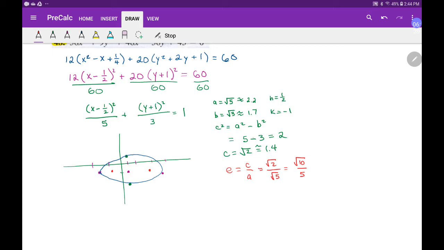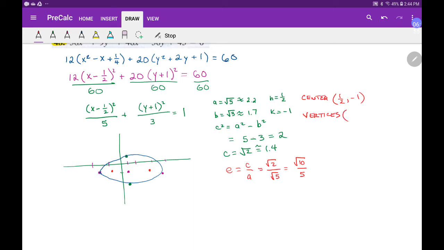That's eccentricity. It's a measure of how close to a circle, I suppose, we are. And we should label things. We should say the center is at 1/2, -1.